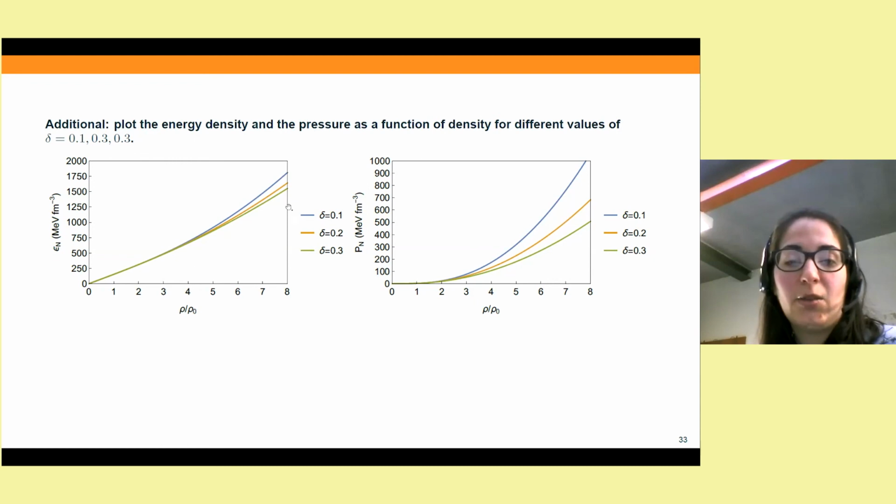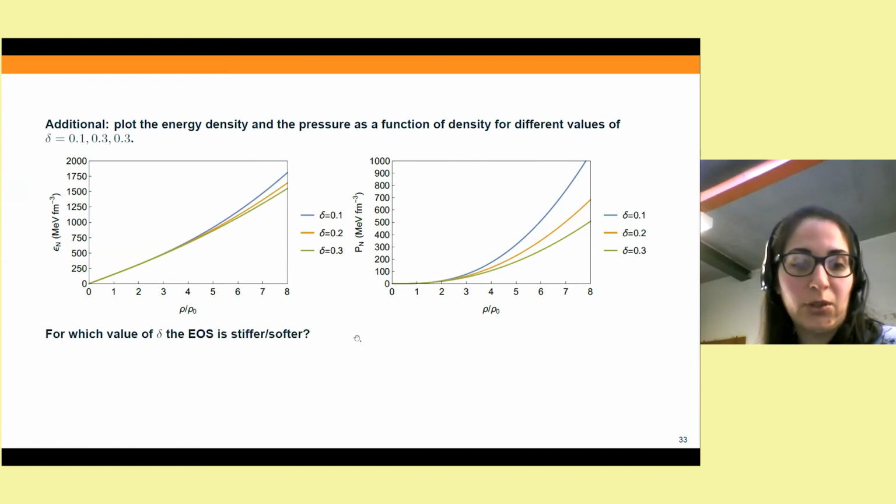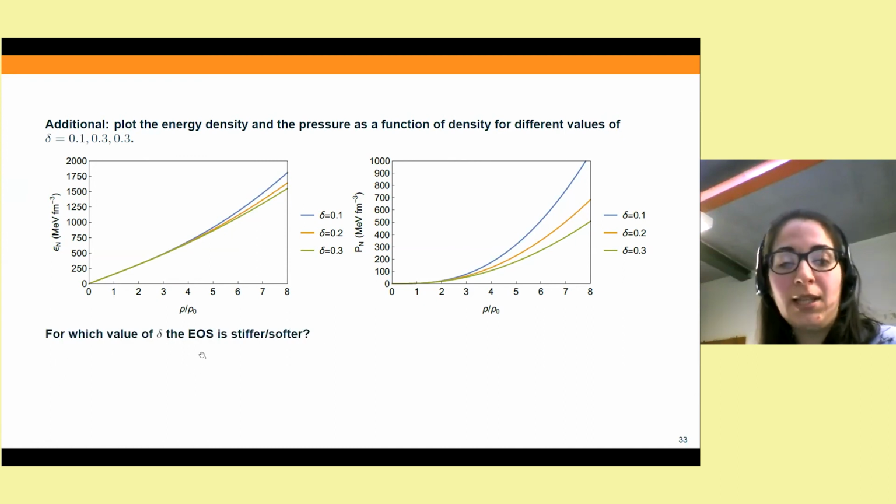But when you go to larger densities, which are reached inside neutron stars for sure, I can see some differences. I wanted to ask you, for which value of delta is the equation of state stiffer, and for which value is it softer?